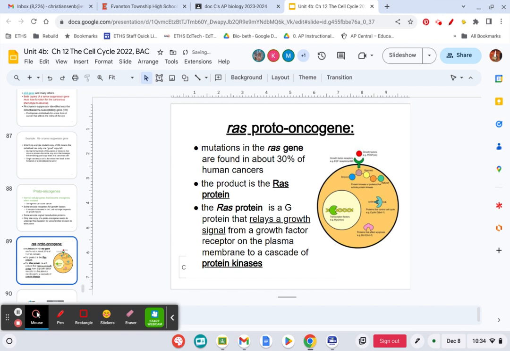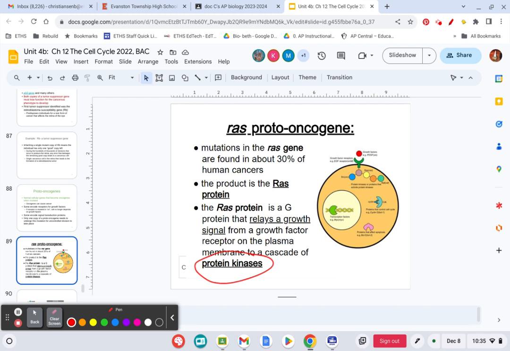Not fun. The RAS proto-oncogene is found in about 30% of human cancers. The RAS gene produces a RAS protein. And the RAS protein is, wait for it, a G protein. And that G protein is going to turn on a whole bunch of things called protein kinases.